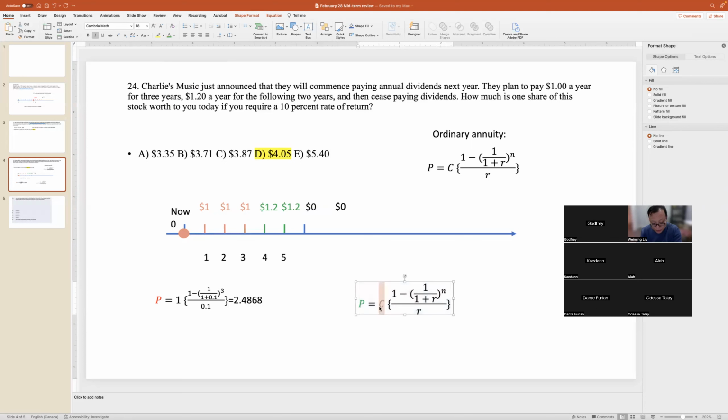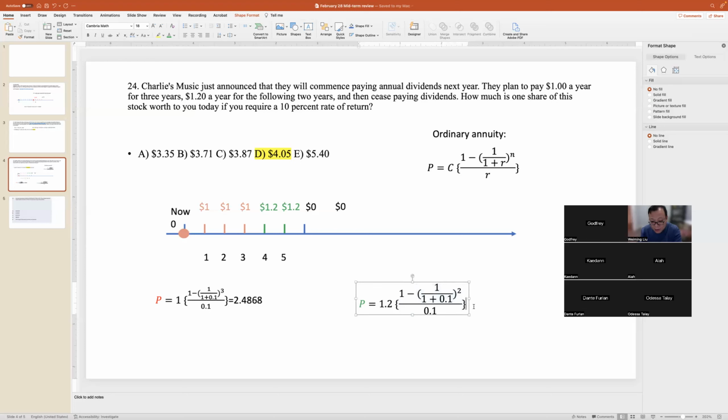Good, 1.2, right? 1.2. The R would be the same, right? Because the required return is always 10%. And what is my N this time? 2, yes. It's 2, right?